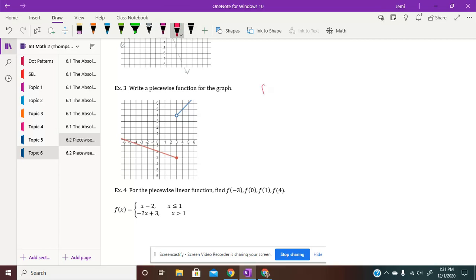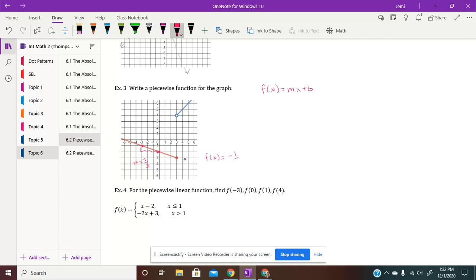So a reminder, equations of the line are written y equals mx plus b or f of x equals mx plus b. So for this red line right here, I need to find the slope. I rise 1 and I run 3, so it's down 1 over 3.